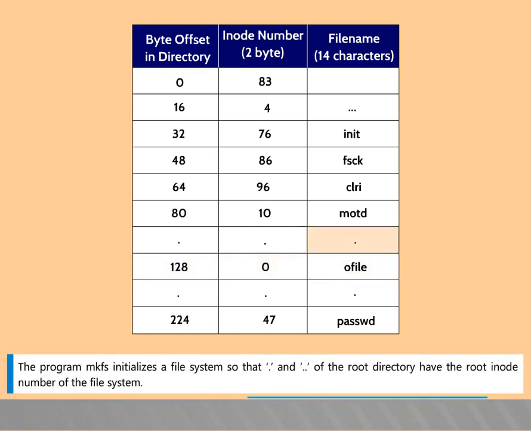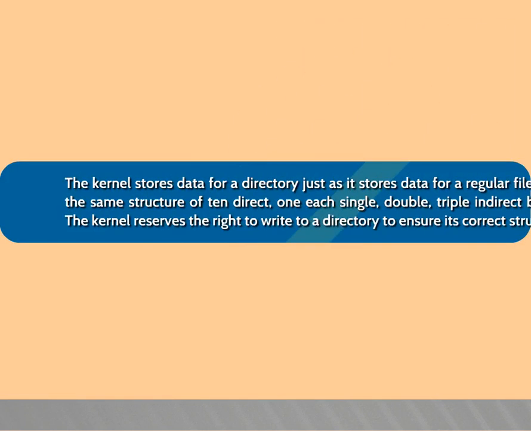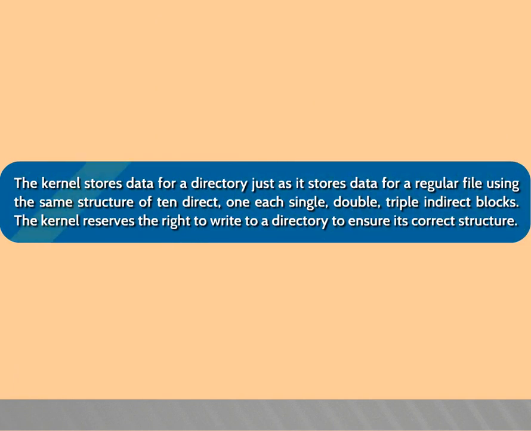The program mkfs initializes a file system so that . and .. of the root directory have the root inode number of the file system. The kernel stores data for a directory just as it stores data for a regular file using the same structure of 10 direct, 1 each single, double, triple indirect blocks. The kernel reserves the right to write to a directory to ensure its correct structure.